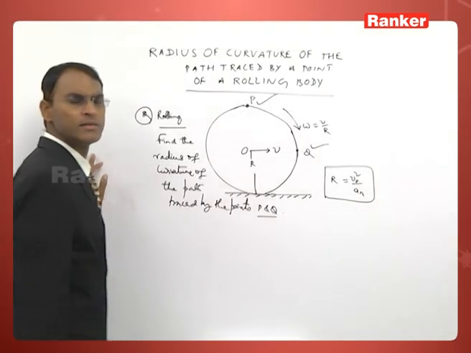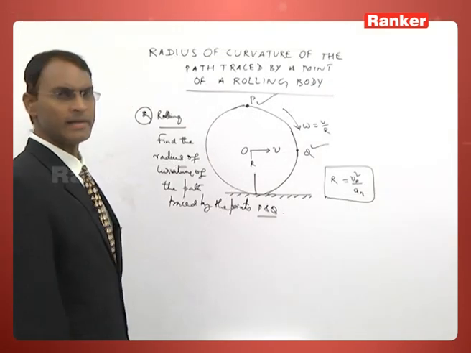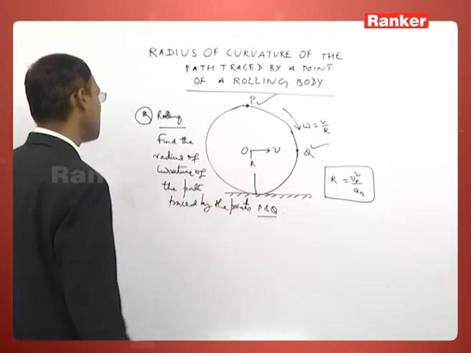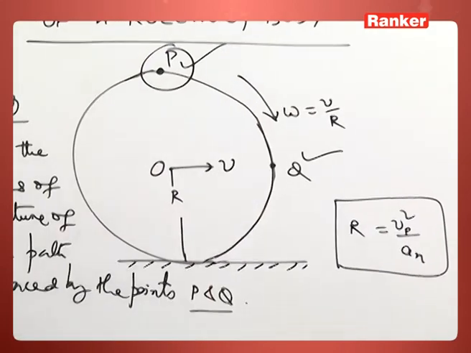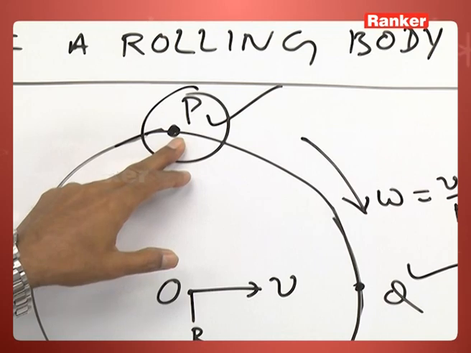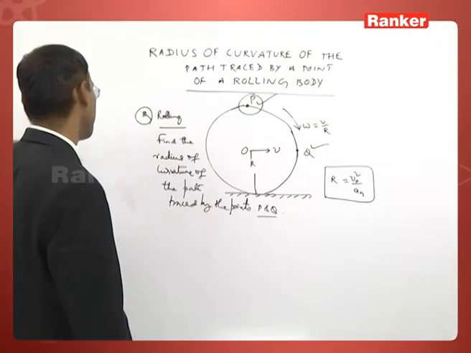Along the normal direction. How to calculate that? Let us find the radius of curvature of the path traced by the point P.